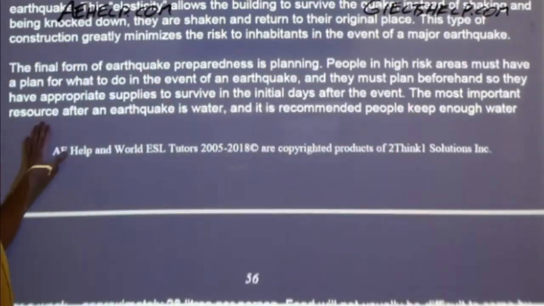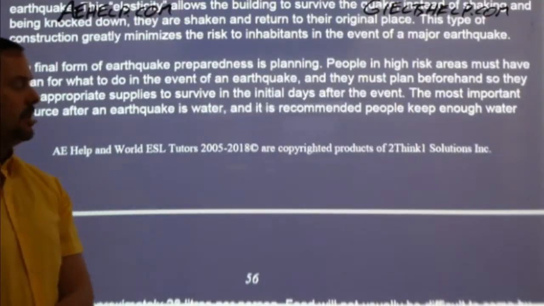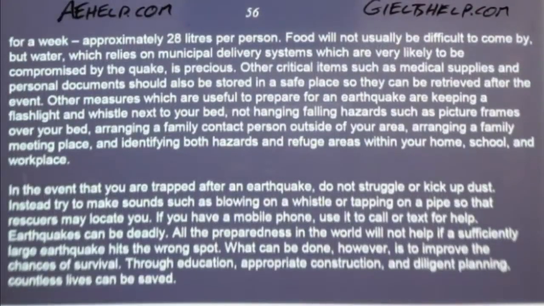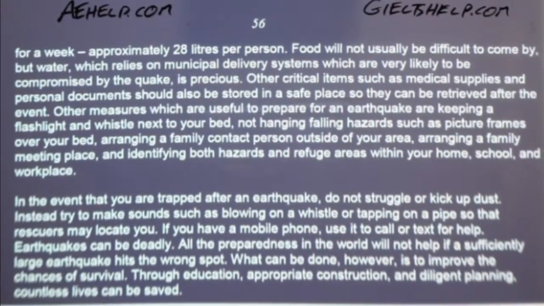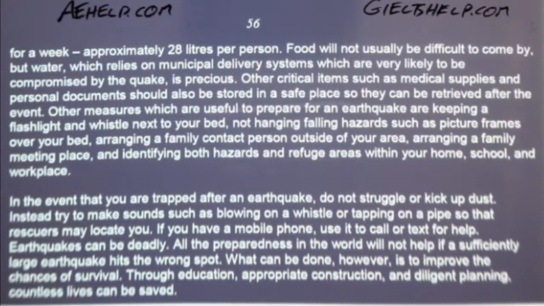The most important resource after an earthquake is water, and it is recommended people keep enough water for a week, approximately 28 liters per person. Food will not usually be difficult to come by, but water, which relies on municipal delivery systems, which are very likely to be compromised by the quake, is precious.